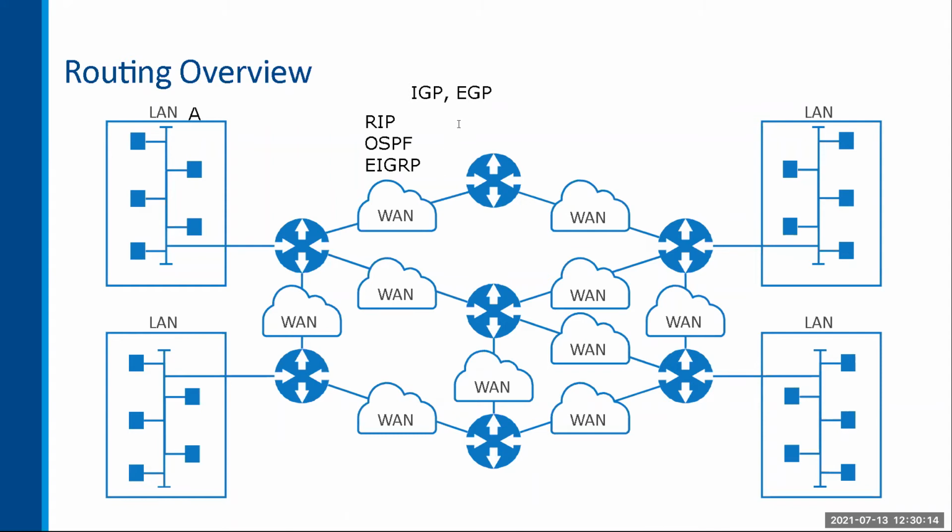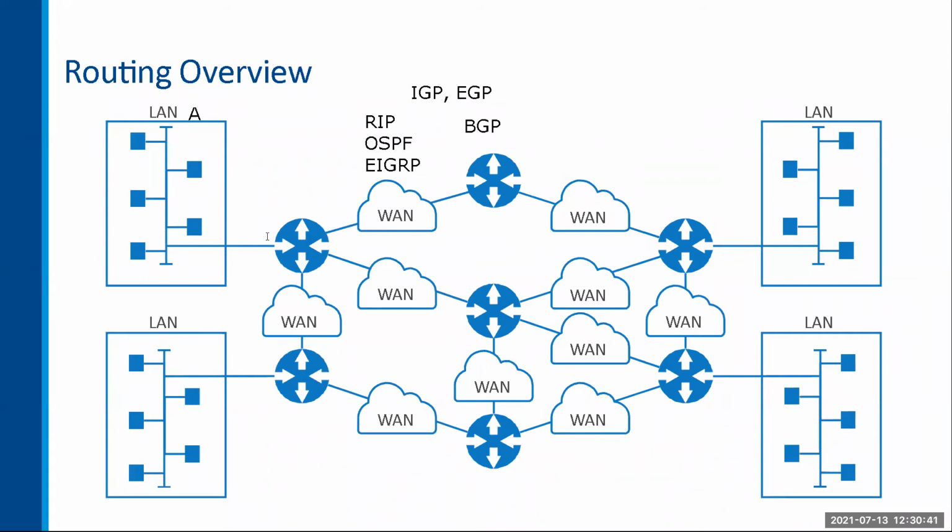But if you want to move to the exterior gateway protocol, you really only get one choice, and that protocol is BGP, or Border Gateway Protocol. And this one is the protocol of the internet. And if I take your singular network and identify it as a one unique entity, that entity would be known as an autonomous system.